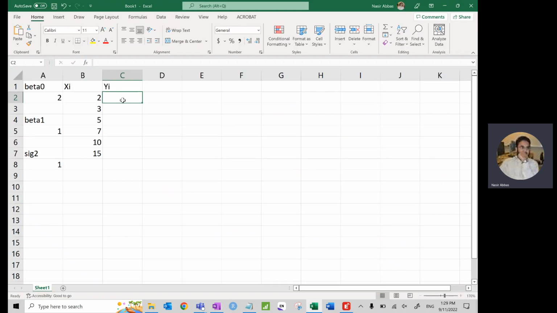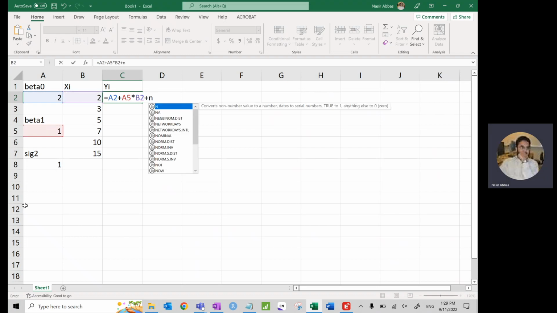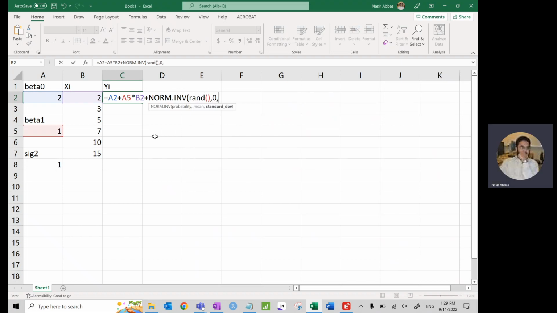So I will generate y equals beta naught plus beta 1 times x plus a random number from the normal distribution with 0 mean and this sigma square variance. So this first value of y will be 2 plus 1 times 2 plus some error, plus or minus some error. I fix some of the constants here.